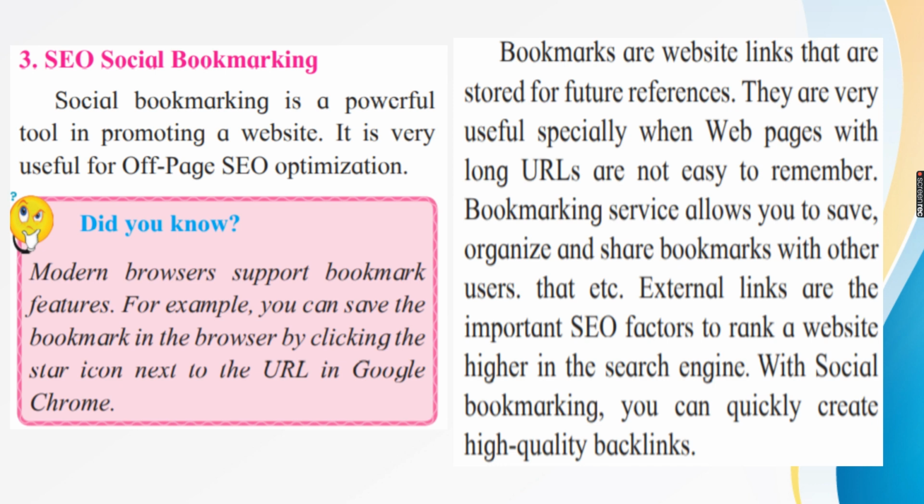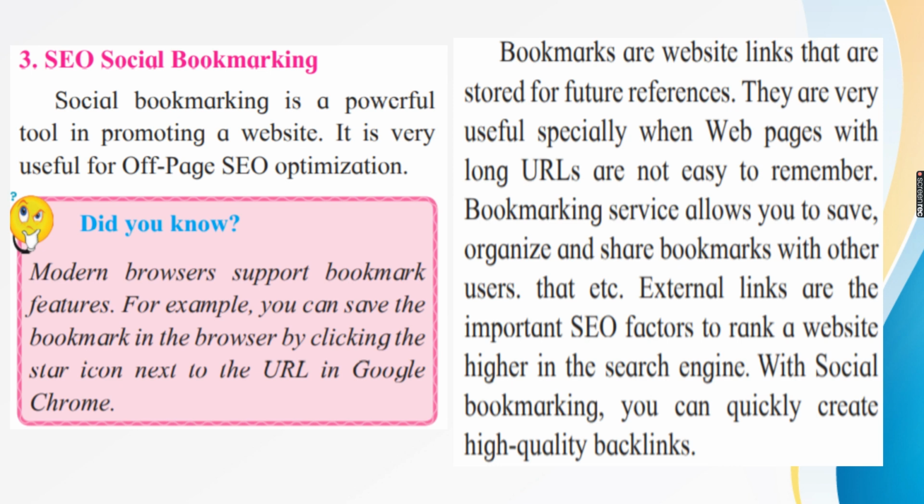Bookmarks are website links that are stored for future reference. They are very useful when web pages with long URLs are not easy to remember. So it saves time as well as helps in organization, and it definitely helps the websites for their content promotion.